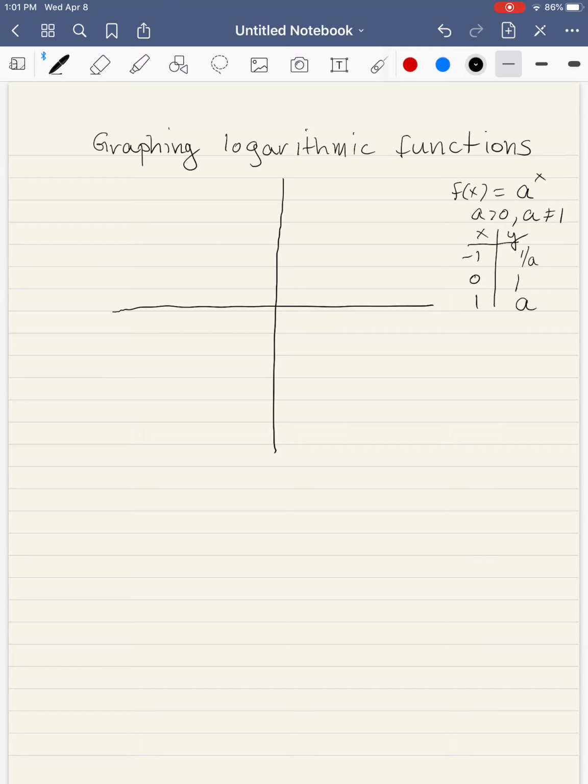So depending upon what our base is, our base a could be 2 or 3 or 5 or 10 or e or whatever, we have those three ordered pairs. We always have the point 0, 1. We have the point 1, a, whatever a is, and then we have our fraction here, 1 over a, and we know what our basic exponential shape is.